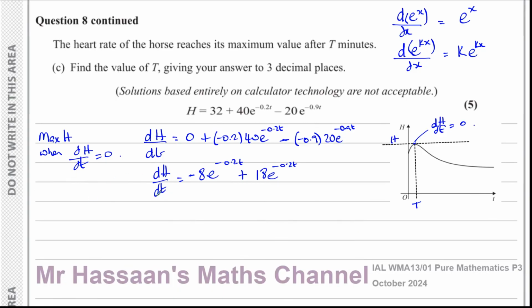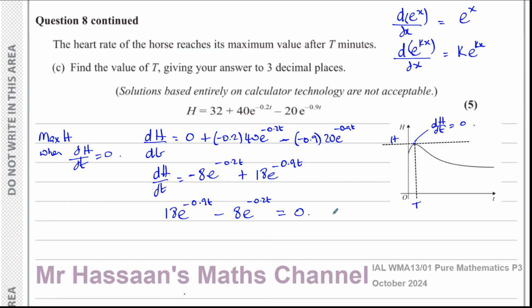Now we want to find when dh/dt is equal to 0. To make dh/dt equal 0, I'm going to write this first just to make it a bit simpler. So 18 times e to the power of negative 0.9t minus 8 times e to the power of negative 0.2t equals 0.